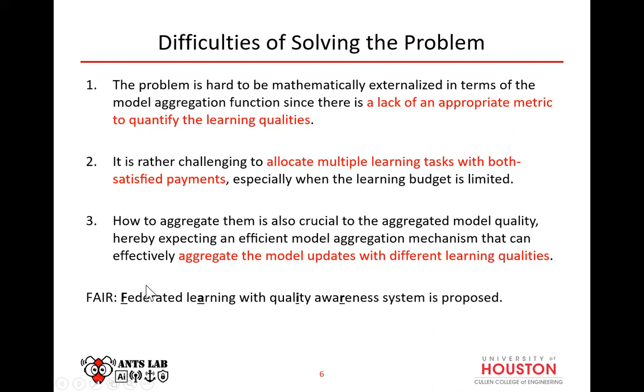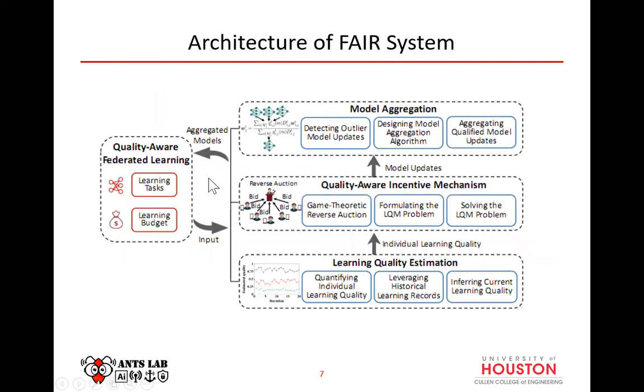To address these issues, the FAIR system, which is the Federated Learning with Quality Awareness system, is proposed. And this system includes 3 parts. It first adopts the loss reduction to quantify the individual learning quality and leverages the historical learning records to predict the current learning quality.